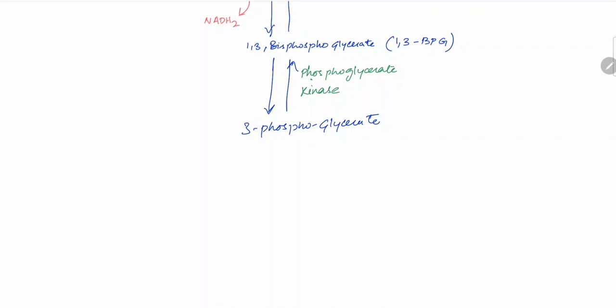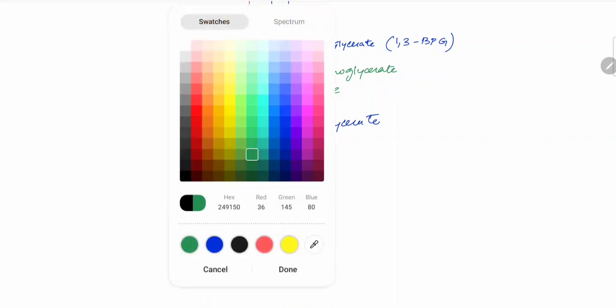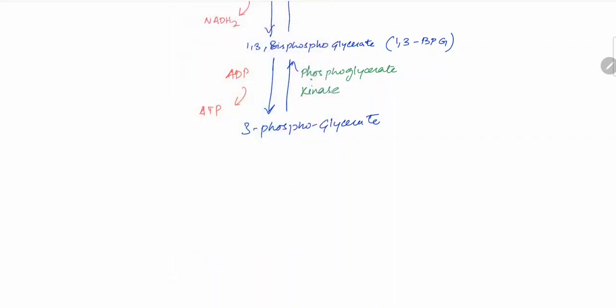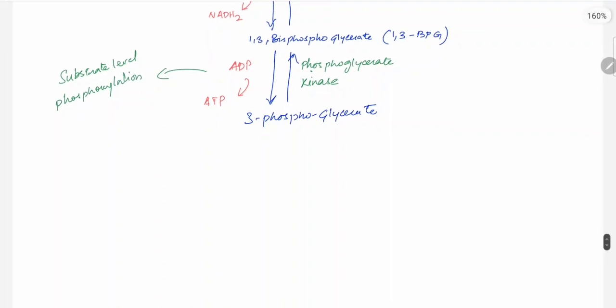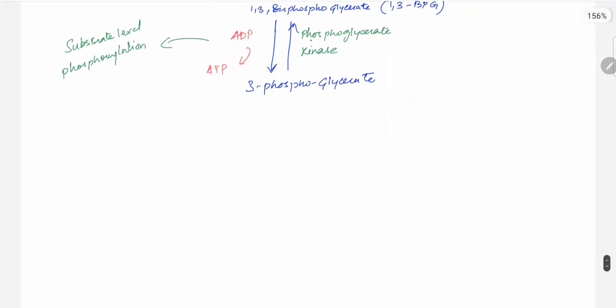So here ADP is directly converted into ATP. This reaction is called substrate level phosphorylation. Substrate level phosphorylation is the reaction where ATP is directly produced from ADP, right?